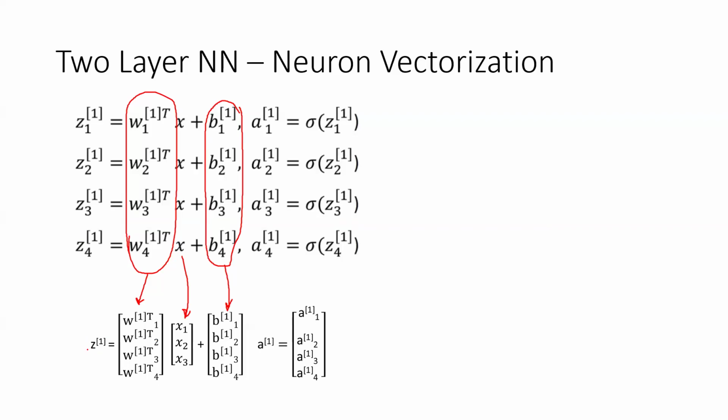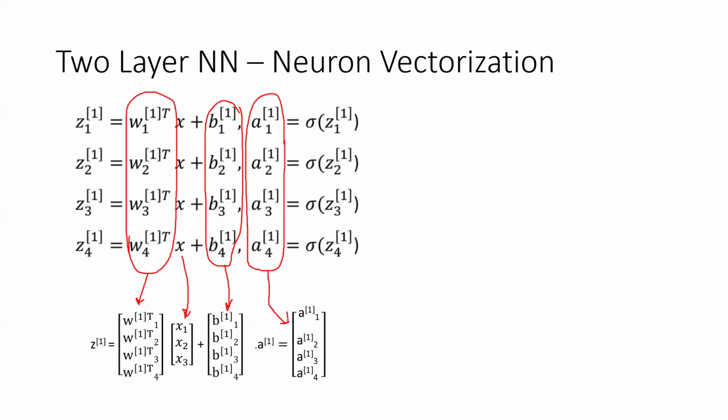And once you apply this Z1 to the activation function, you can get the activations for all of these neurons, and we can take it as a single vector known as A1.